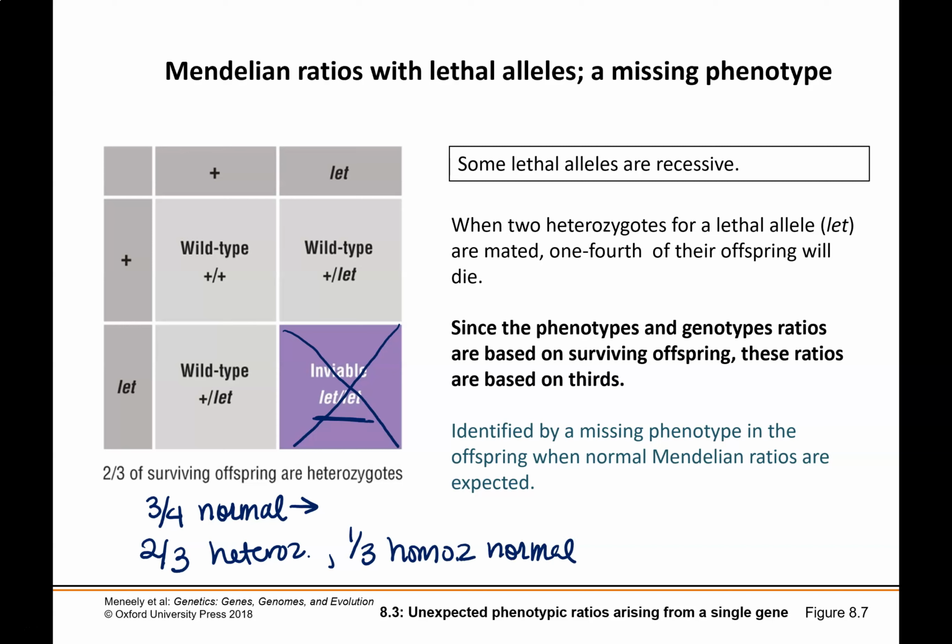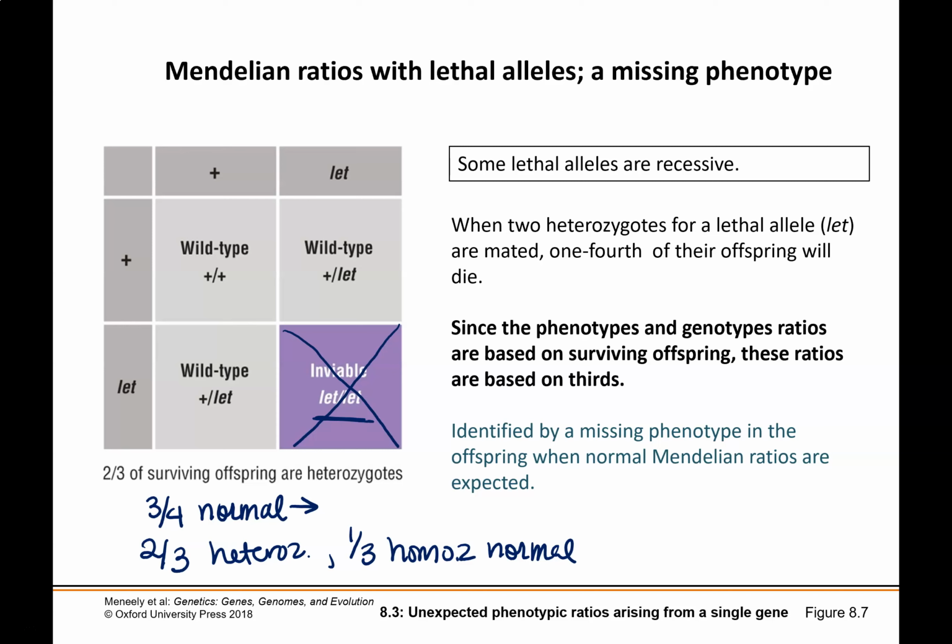You won't even see that 1/4 homozygous recessive. So if you are expecting normal Mendelian ratios, but you are missing a phenotype in your offspring, you probably have a lethal allele.